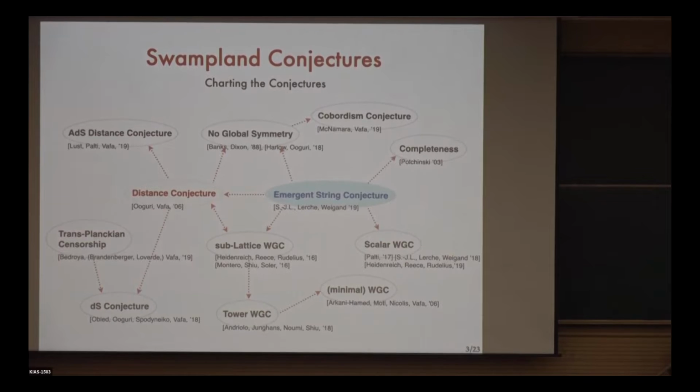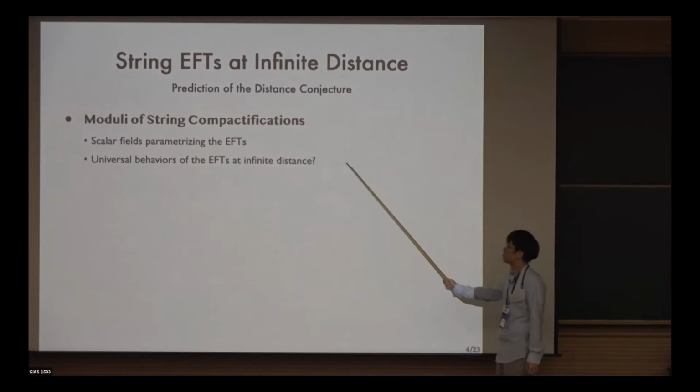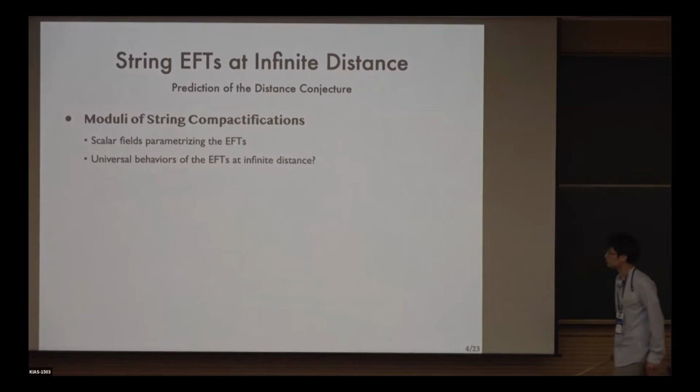Both of these conjectures concern the moduli spaces of quantum gravity theories. For the purpose of this talk, we will view these 2 conjectures as concerning the moduli spaces of string compactifications. They characterize universal asymptotic behaviors of the EFTs at infinite distance in the moduli space as we deform the compactification geometries towards the boundary.